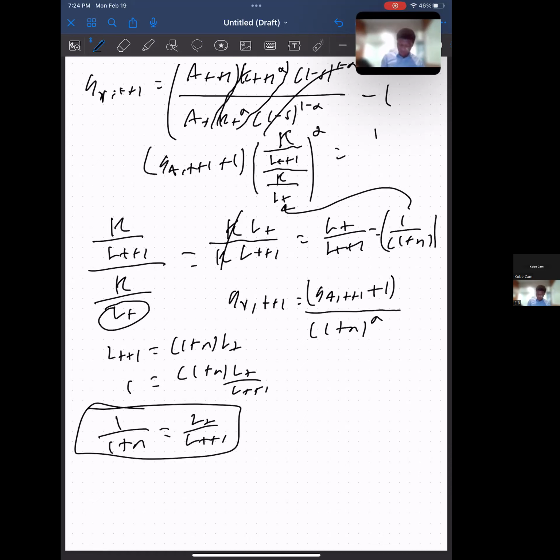So this is equal to 1 plus n raised entirely to the A. So this is the same thing as just 1 over 1 plus n. So just make it cleaner and make it look like that. That's the same thing. Okay?